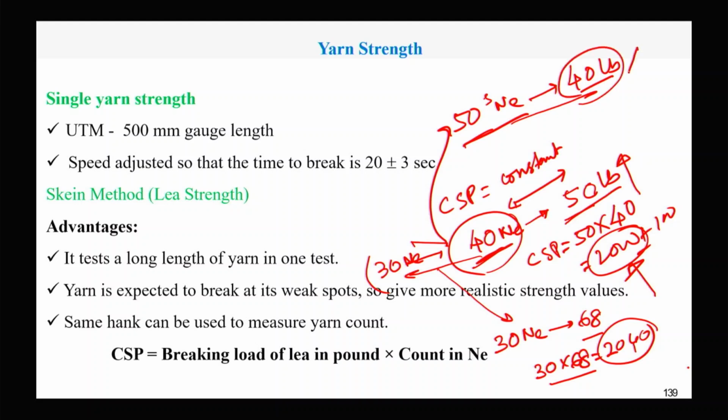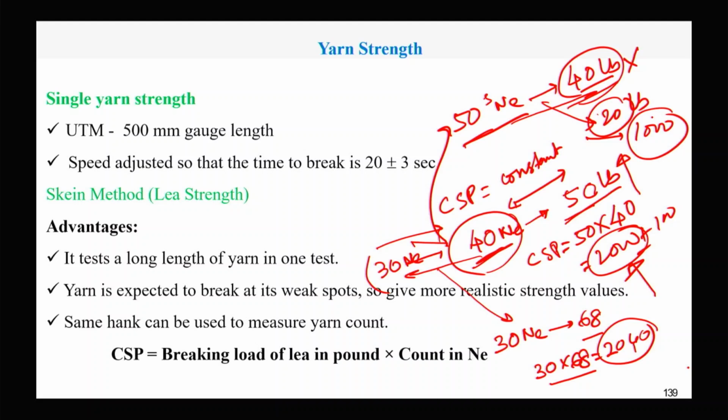But if this fiber is not within that range, if we are trying to overspin, we will not get 40 pound, we may get much lower, say 20 pound, which will result CSP of say 1000.